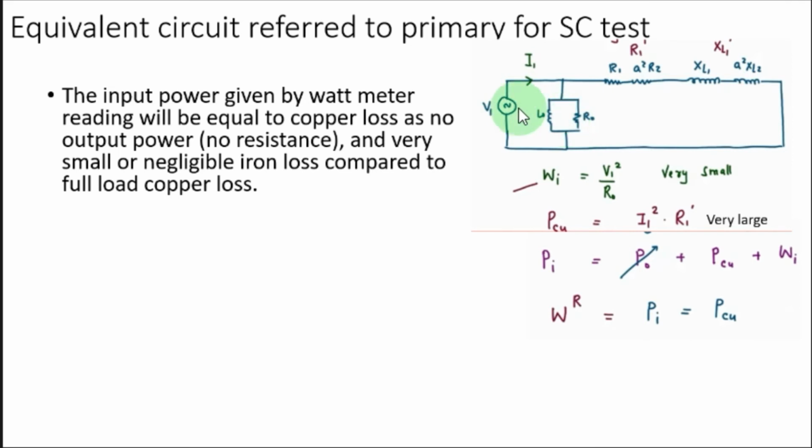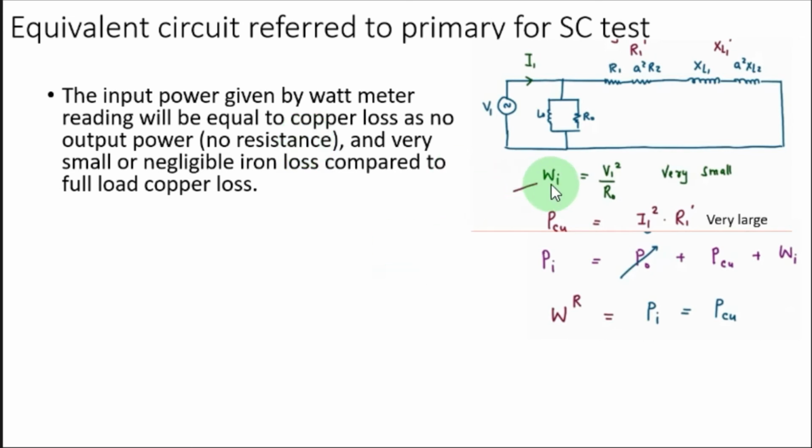The input power given by the wattmeter reading will be equal to the copper losses, as no output power is going out, because there is no other power dissipating component on the output side. It is short circuited, and the iron loss is very small or negligible compared to the full load core losses.